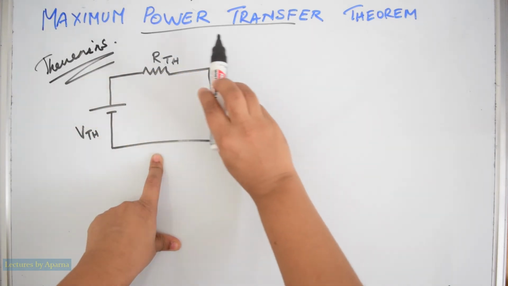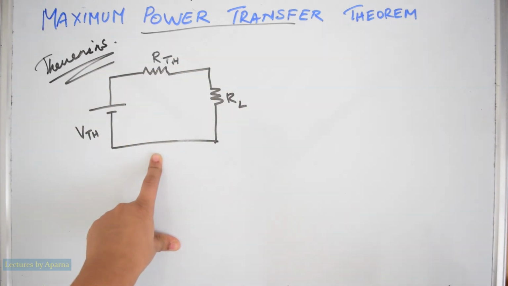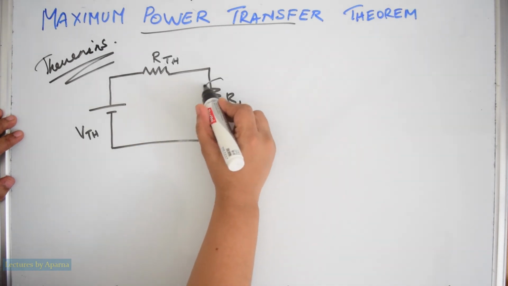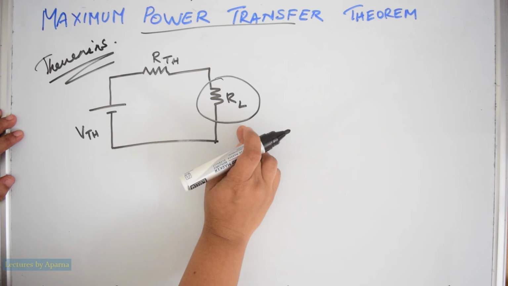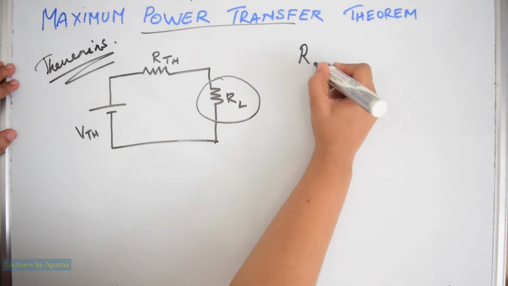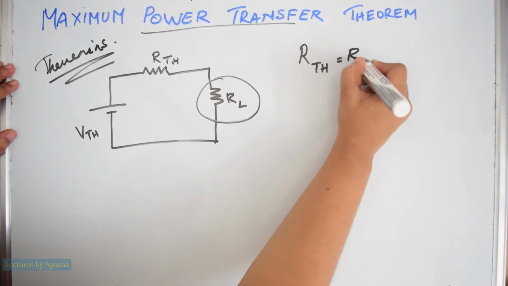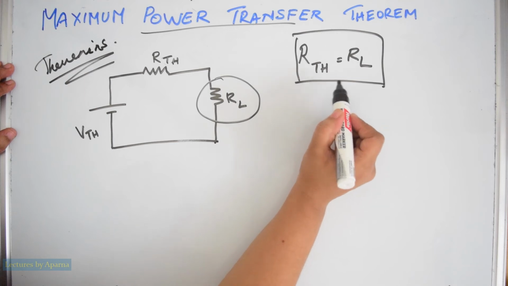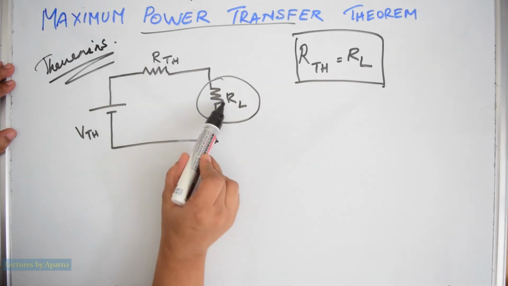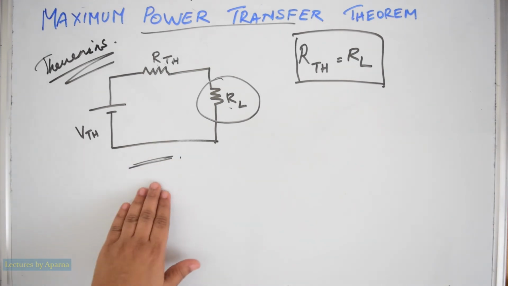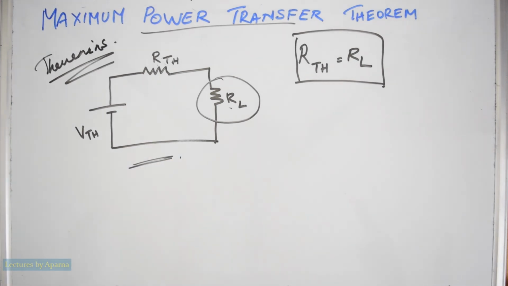The maximum power transfer theorem says that this particular circuit will deliver maximum power to its load on one condition, that is when RTH is equal to load resistance. So when the value of this RTH is equal to this RL, this particular circuit will have maximum power.